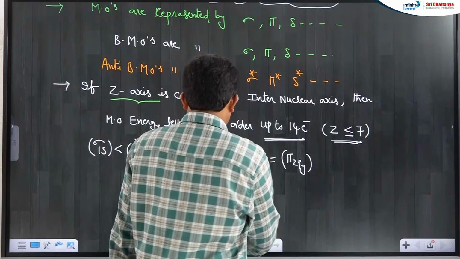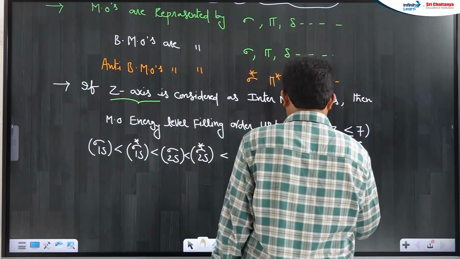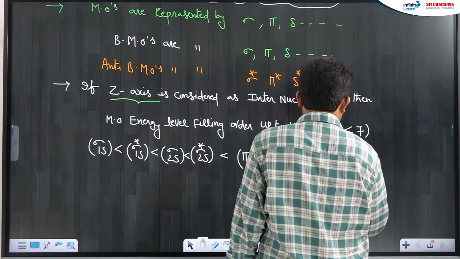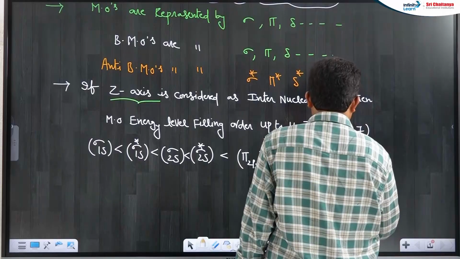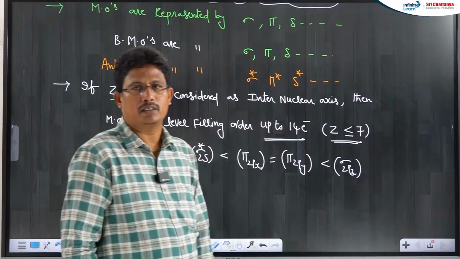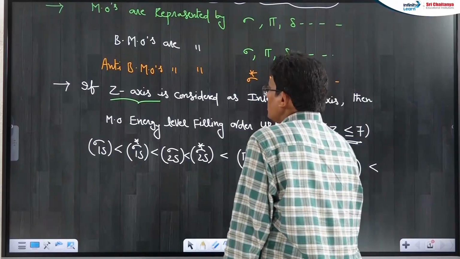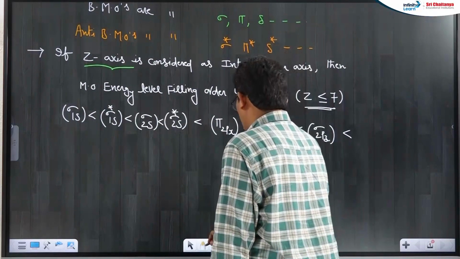First write bonding: pi 2px, pi 2py, sigma 2pz. These three are bonding orbitals. After that, write the same orbitals with star. These are anti-bonding orbitals.